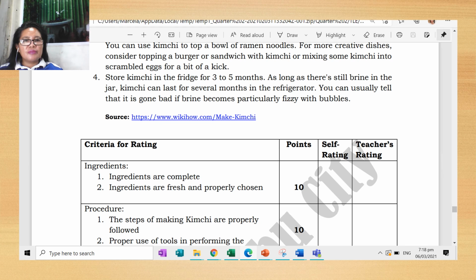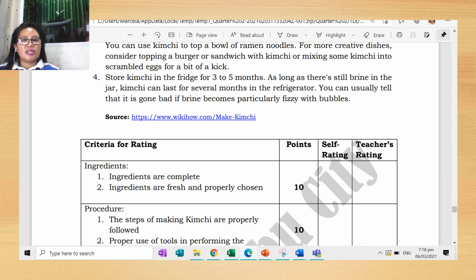You can also use kimchi on top of a bowl of ramen noodles. For more creative dishes, consider topping a burger or sandwich with kimchi, or mixing some kimchi into scrambled eggs for a bit of a kick.